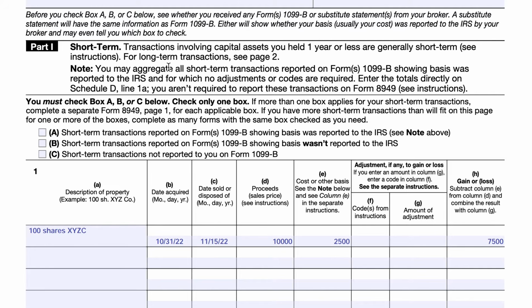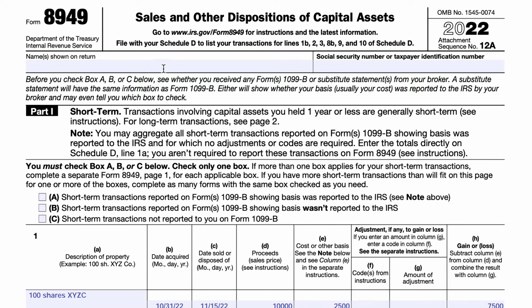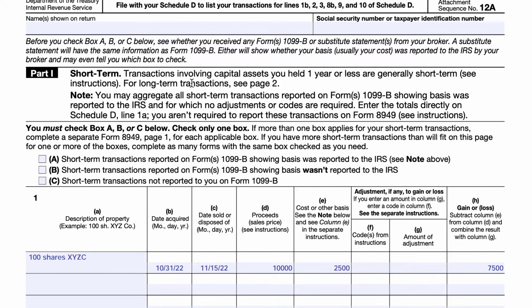So it's a fairly simple walkthrough, but depending on your particular tax situation, it can be very complicated. Most notably, the more complicated situations are ones where the transaction consists of a capital asset that may or may not be a very liquid asset, and it may be difficult to establish the basis.